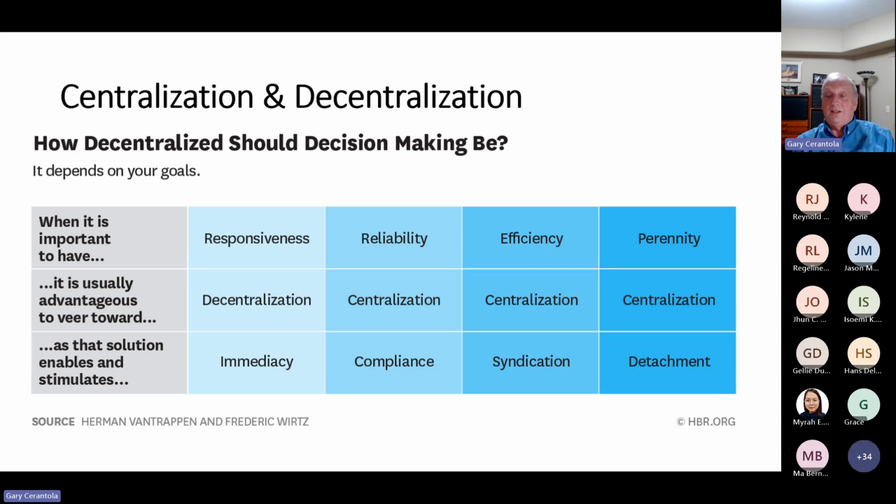If you're looking at efficiency, chances are, if you have tight control on your production process, whether it be a product or a service, you're going to get your unit production cost down because of centralization. And then this one here, perenity, means in the long term you're going to need centralization, but at some point you have detachment.